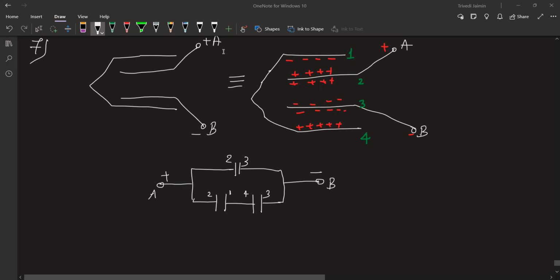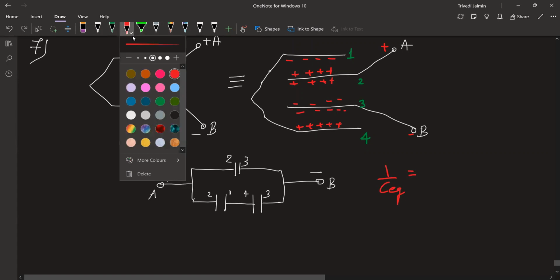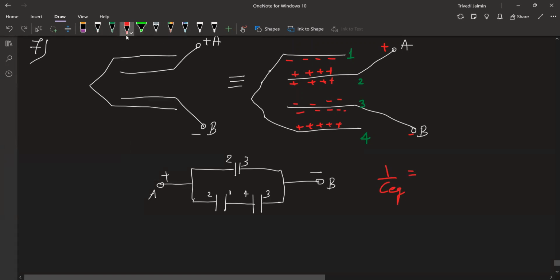Try the formula. Combined form. 1 by C equivalent equals 1 by C plus 1 by C plus 1 by C, which will give you 1, 2, 3.